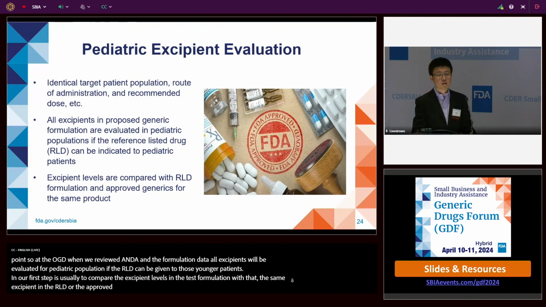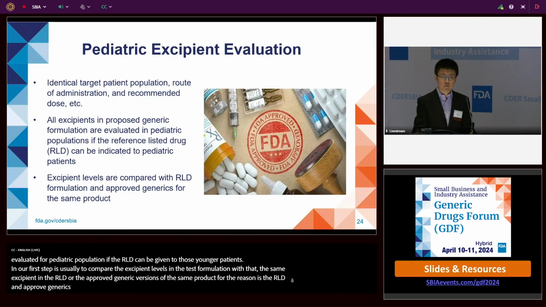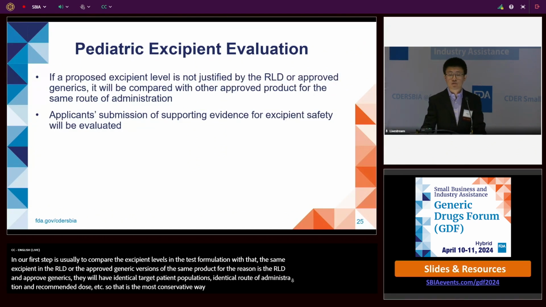The reason is that the RLD and the approved generics have an identical target patient population, identical route of administration, recommended dose, etc. So that is the most conservative way to do the pediatric excipient evaluation.